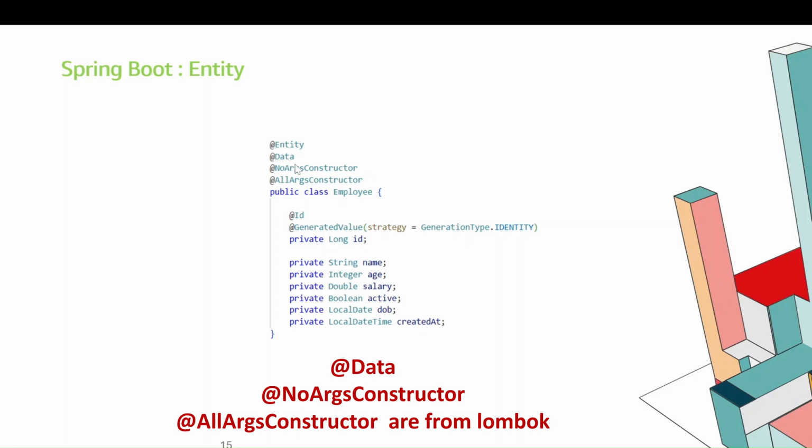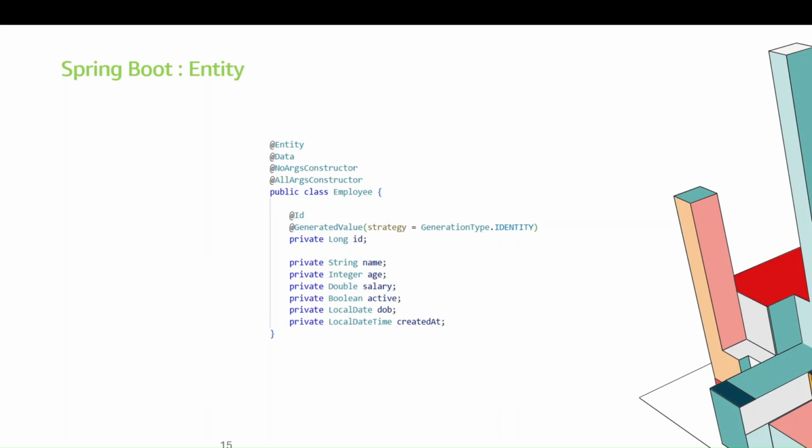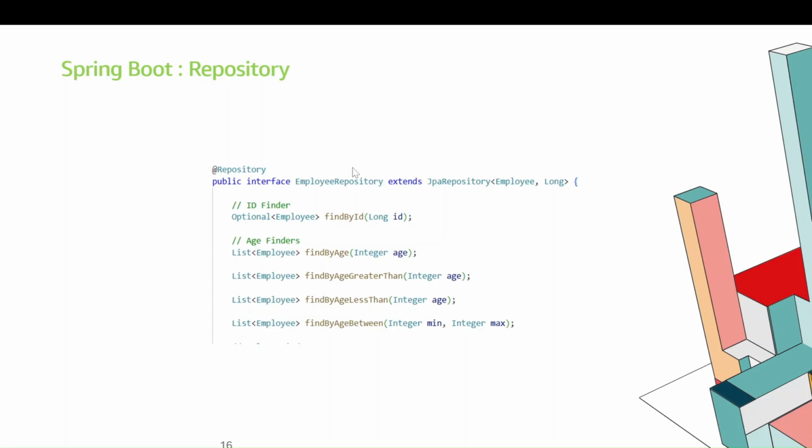And I'm using @Data from Lombok for getters and setters automatically. I don't want to write getters and setters manually. If you say @Data, Lombok is going to provide getters and setters on the fly. And I will be using the all-args constructor from Lombok.